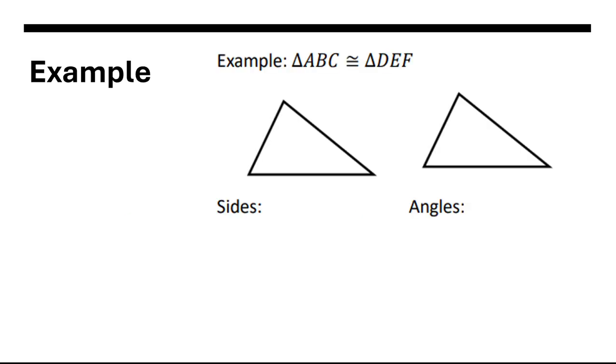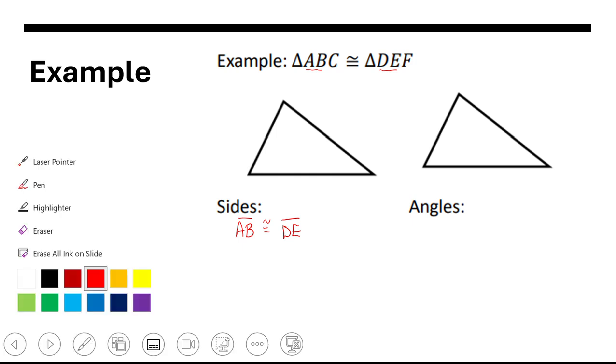What I mean by that is if I name my congruent triangle ABC, then I know that AB, which are the first two letters in that congruence statement, has to be congruent to DE, which are the first two letters in the other figure.